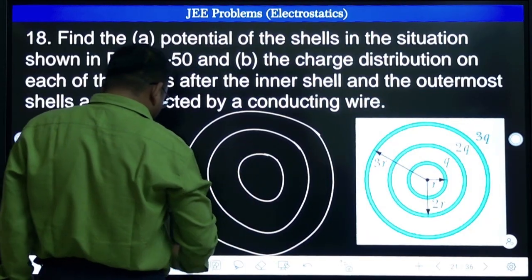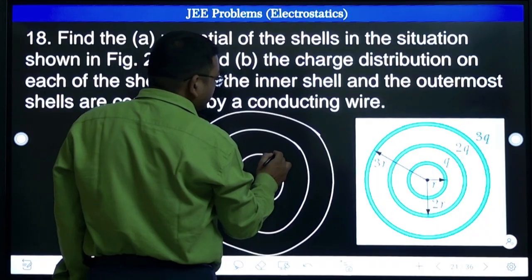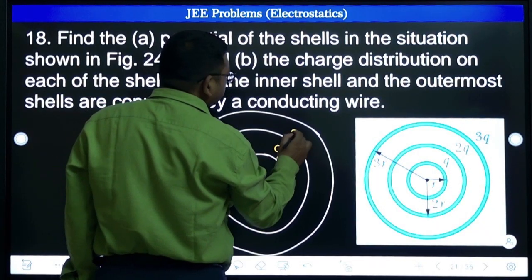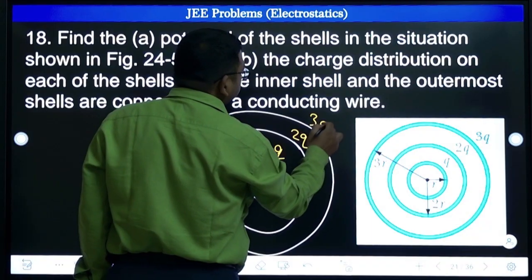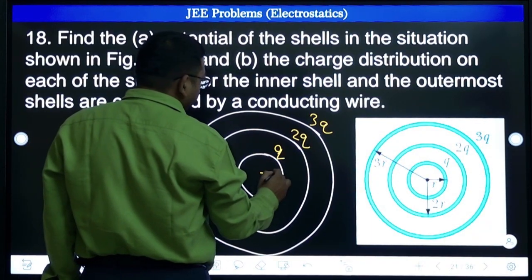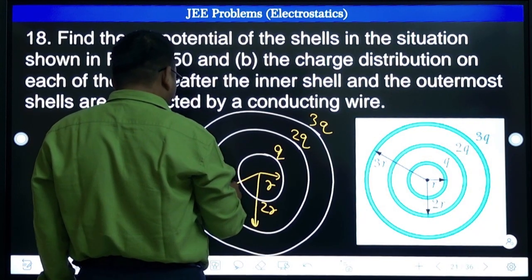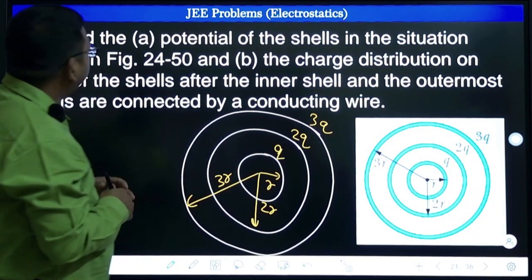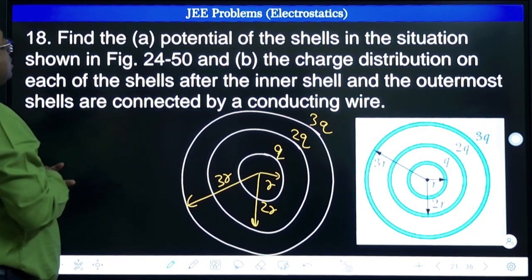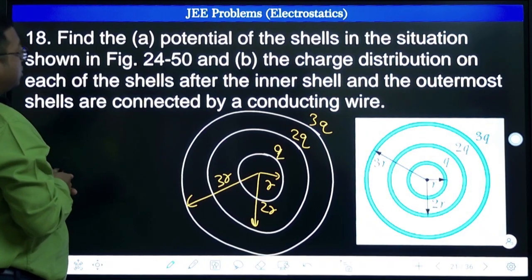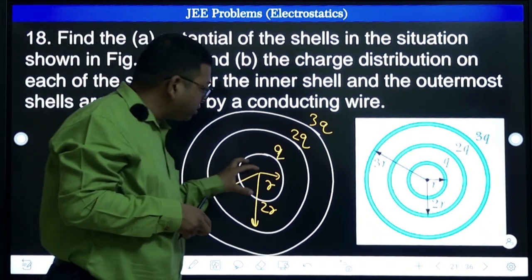And what are the charges? Charges on the inner is q, second is 2q, and third is 3q. And radii are given as r, 2r, 3r. Right? Where we want to calculate potential? Potential of the cells in this situation. Cells, that means what is the potential of the first?